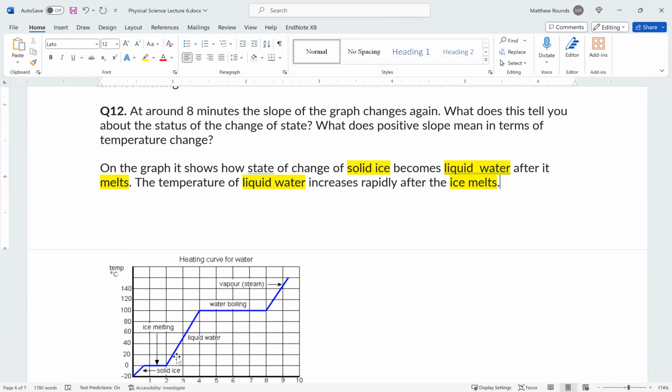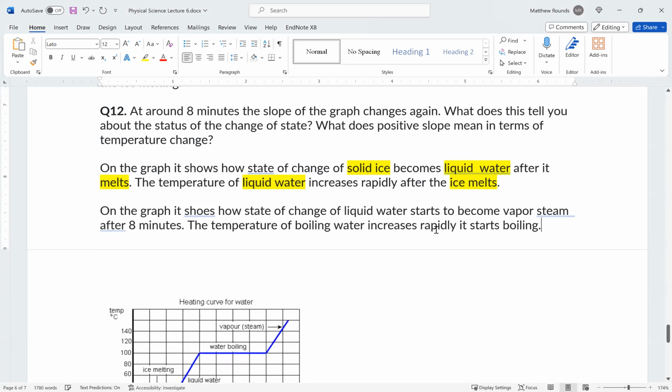Would this work? Let's step it in. All right. Of liquid water starts to become vapor steam. Okay.